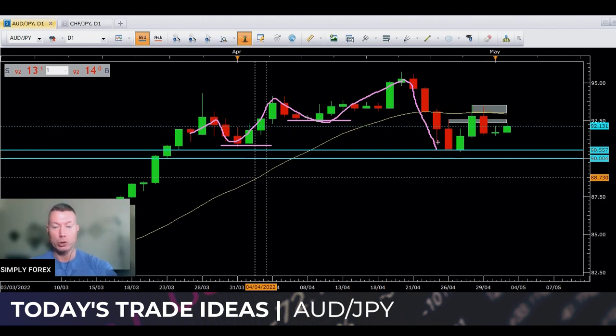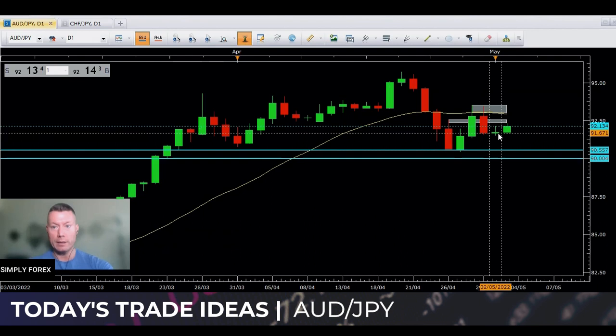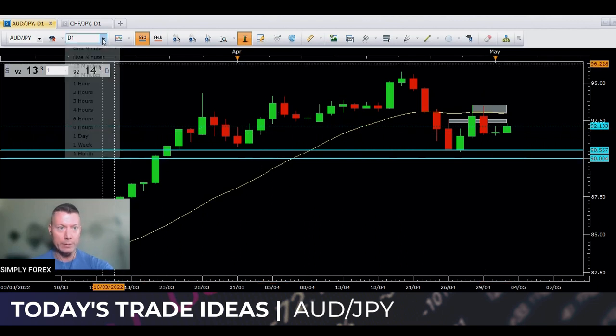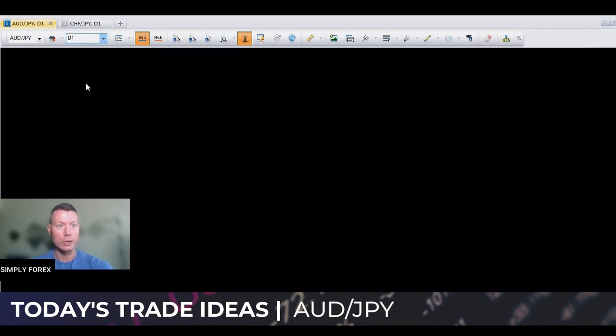Okay, so we're looking for shorts, and then we've had this candle form, which tells us that sellers are in control, and then this candle didn't tell us anything to the contrary. Sellers are still in control of this market. Okay, so we're looking to short this market down to this blue line or even this blue line, guys. All right. So yeah, we still like this trade very much.